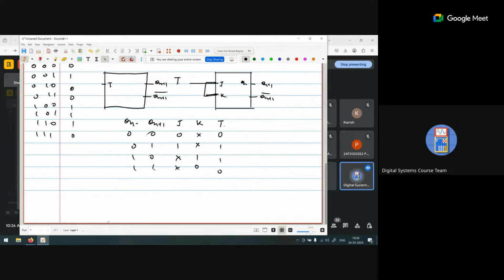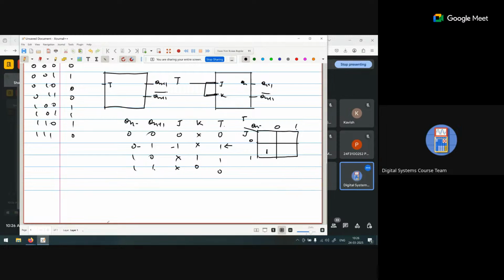Okay, now we create a K map for T. Create a K map for T using J and Q. Now T is 1 when J is 1 and Qn is 0.